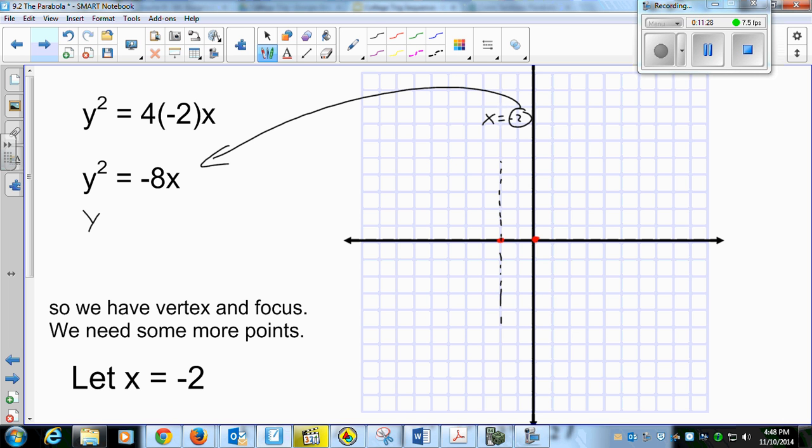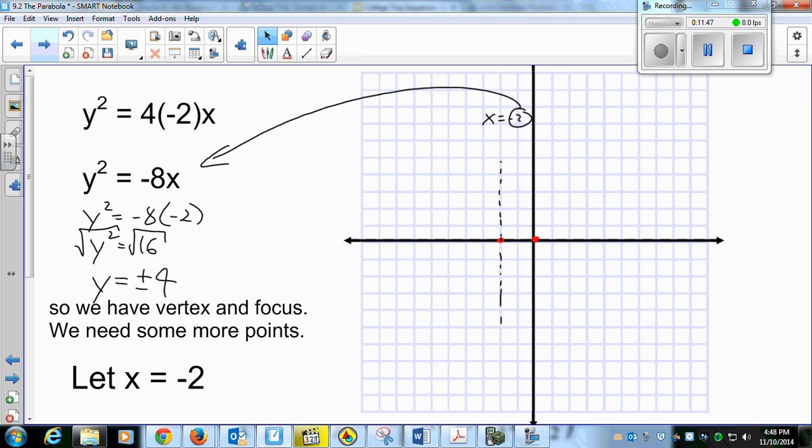So notice we get y squared is equal to -8 times -2. So I get y squared is equal to 16. Remember, when I square root both sides, I have to take into account both positive and negative 4. So I transfer that point at -2, I have a point at 4, and I'll also have a point at -4.